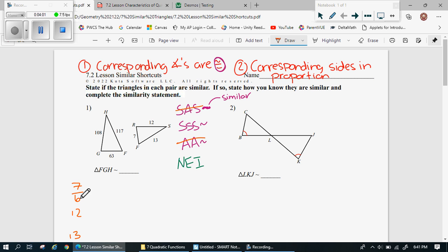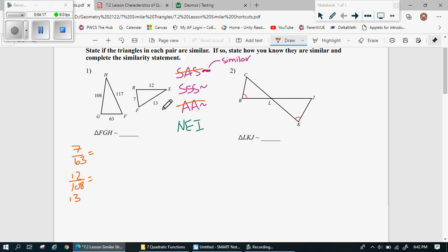So I'm going to write that fraction, 7 over 63. 12 is the medium side, so it should be related to the medium side over here, 108. So I'm going to write that fraction. And then 13 and 117 are the biggest sides, so I'll write that fraction. Just like in the last lesson, remember that all the numbers on the top of my fractions come from the same triangle, and all the numbers on the bottom come from the other triangle.